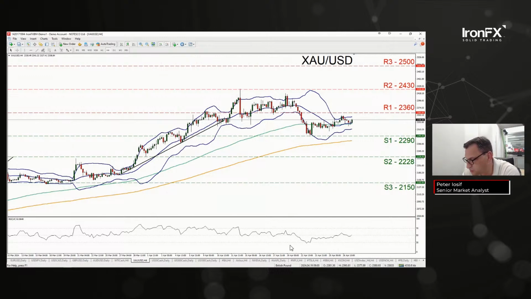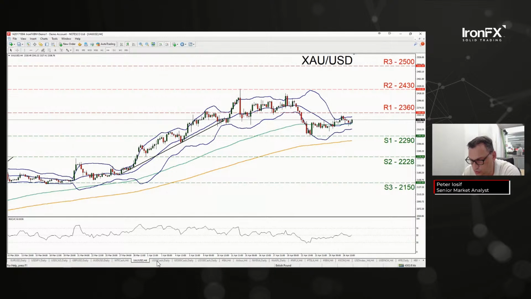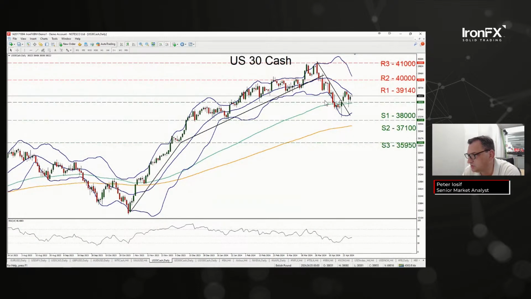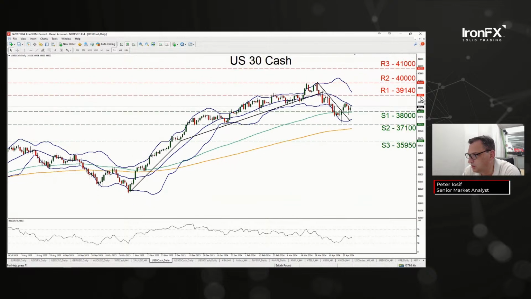Let's have a look also at US stock markets, and I would be noting here Dow Jones. Quite interesting chart. This is the daily chart of Dow Jones. Now, we note that there was an intense downward motion which lasted practically from the 1st of April up until the 19th of April.